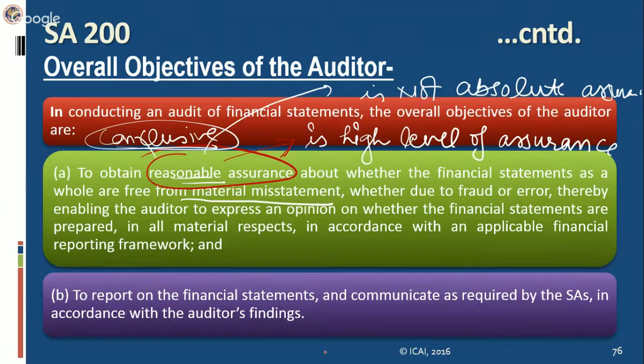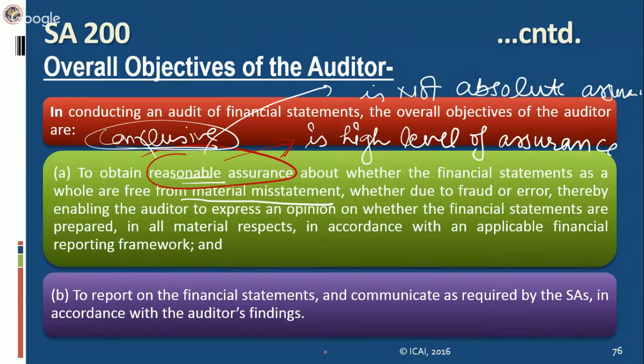So I obtain reasonable assurance about whether the financial statements as a whole are free from material misstatement, whether due to fraud or error, and thereby it enables me as an auditor to express an opinion.